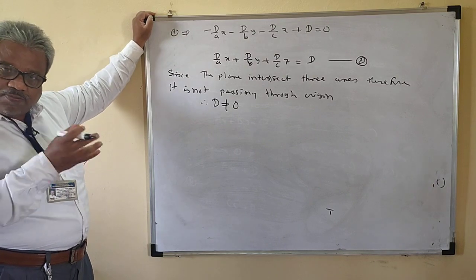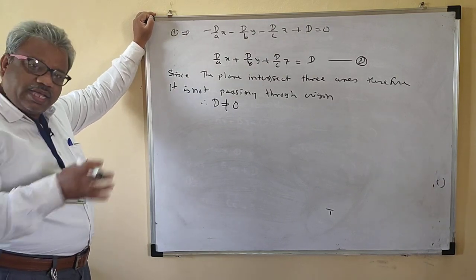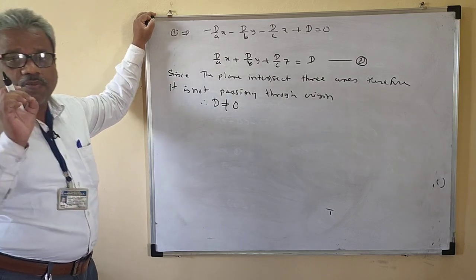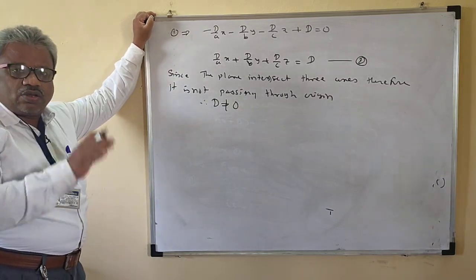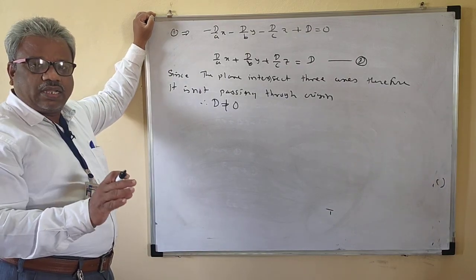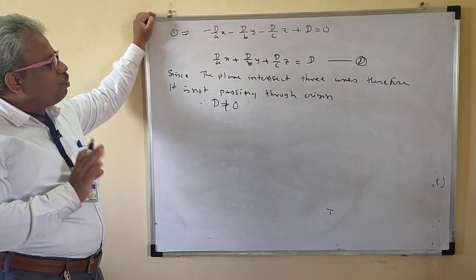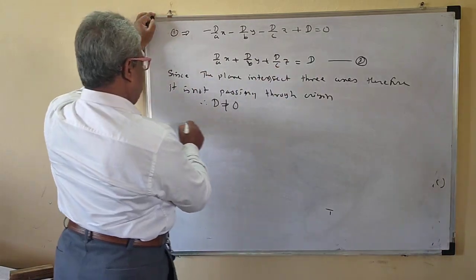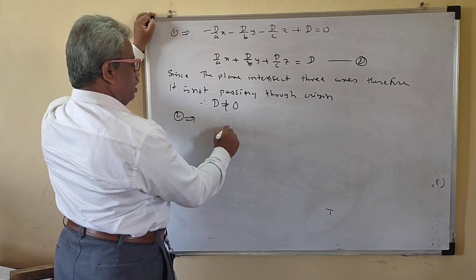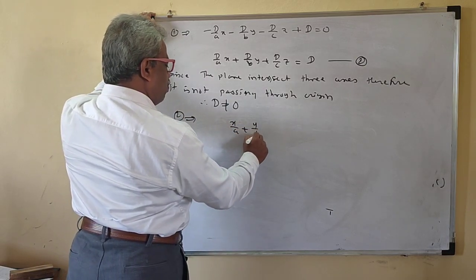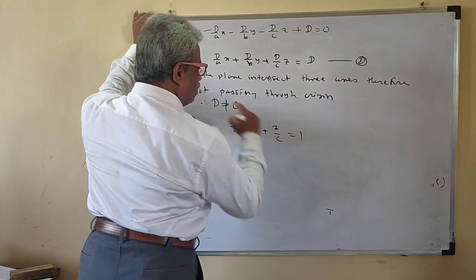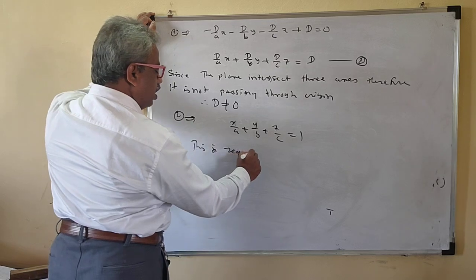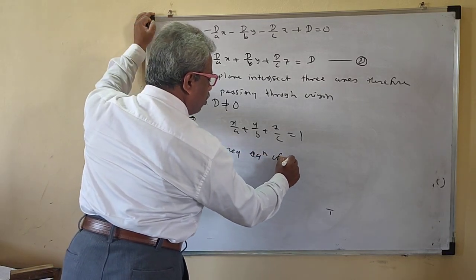If any plane, surface or curve does not pass through the origin, then the constant term will not be 0; if the constant term is 0, then it passes through the origin. So D is not equal to 0. Therefore 2 implies that x upon a plus y upon b plus z upon c is equal to 1. This is the required equation of a plane.